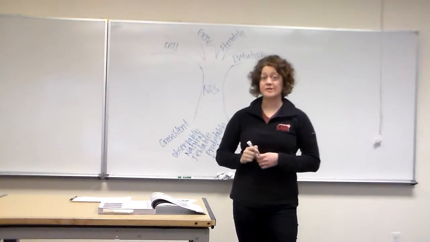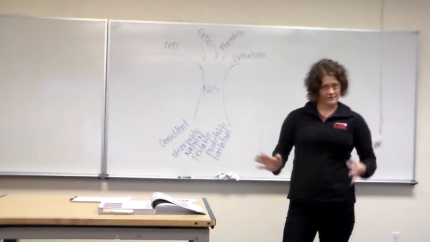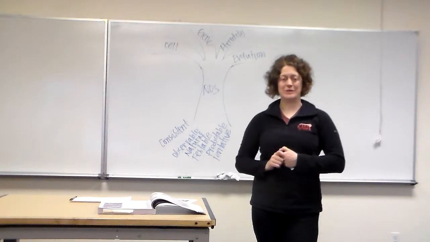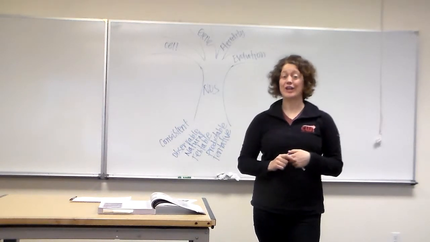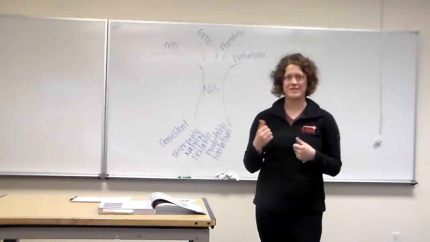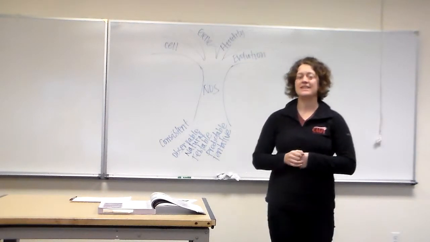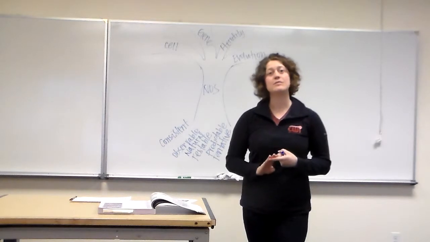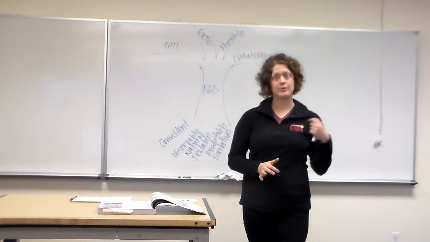All right, so the 6 roots that the NOS Tree of Life has make a not easy to remember acronym called CONPTT, standing for consistent, observable, natural, testable, tentative, and predictable.